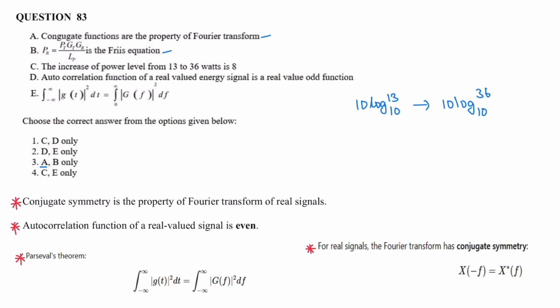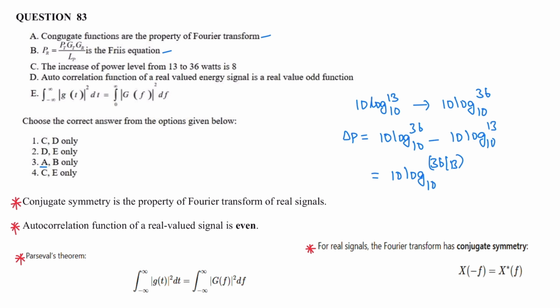So it can be written as power difference delta P is equal to 10 log of 36 base 10 minus 10 log of 13 base 10, which is 10 log of 36 by 13 base 10.